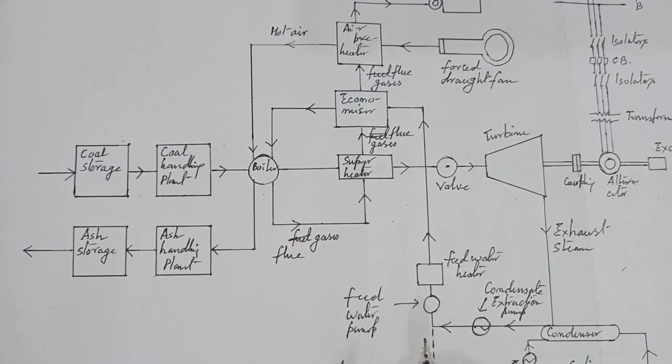Water is drawn from the natural source of supply such as river, canal and lake and is circulated through the condenser. The circulating water takes up the heat of exhausted steam and itself becomes hot. This hot water coming out from the condenser is discharged at a suitable location down the river.